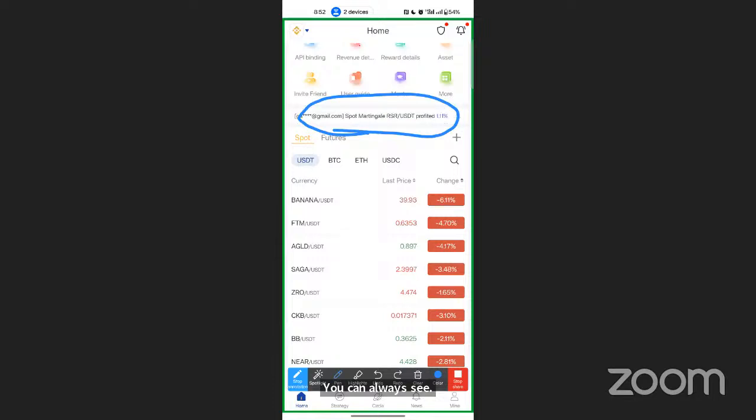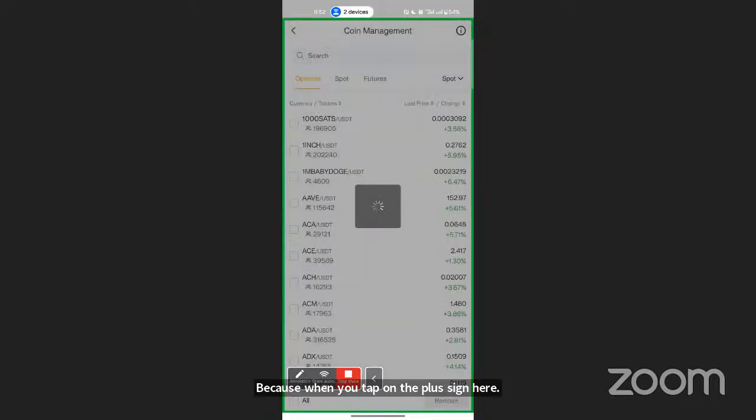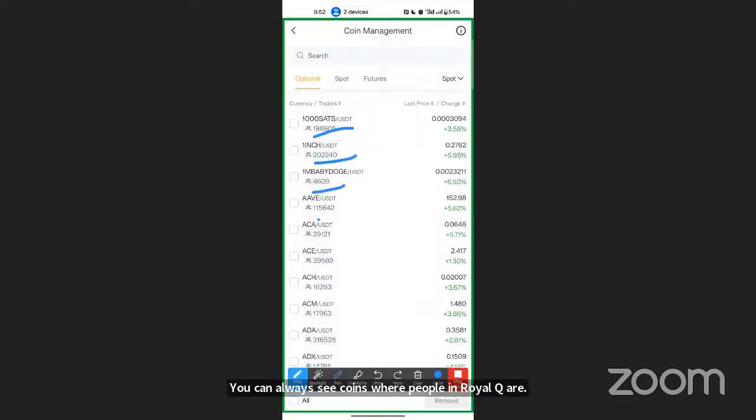Am I making sense to someone? Because when you tap on the plus sign here, you can always see coins where people are trading. You see how many people are trading these coins? Can we see? Give me a yes in the chat if you can see.